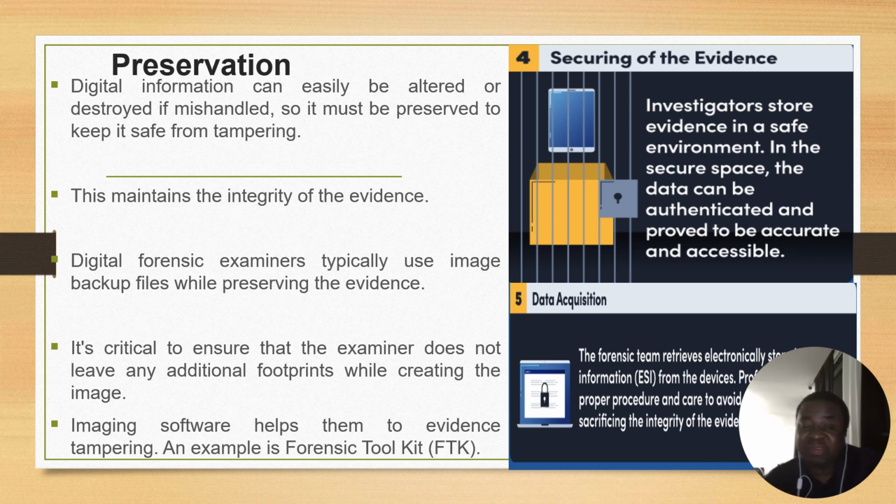Digital forensic examiners typically use an image backup file while preserving the evidence. It is on these image backup files that they do the different analysis that needs to be done to analyze this evidence. It is critical to ensure that the examiner does not leave any additional footprints while creating the image.